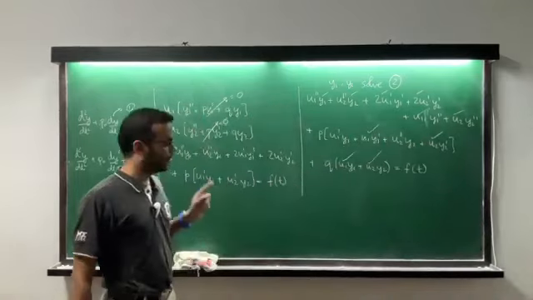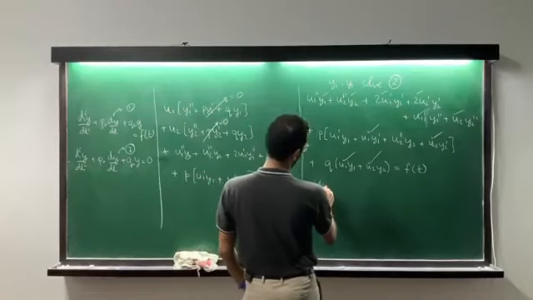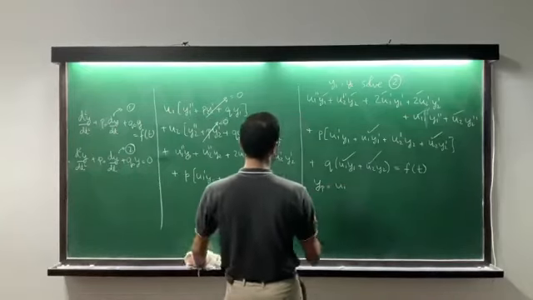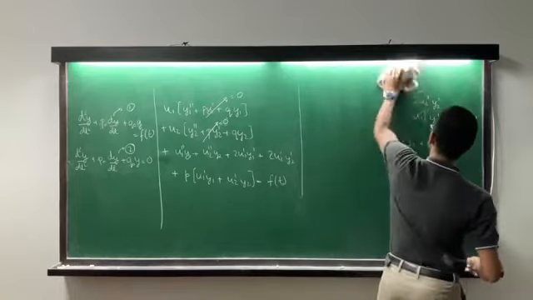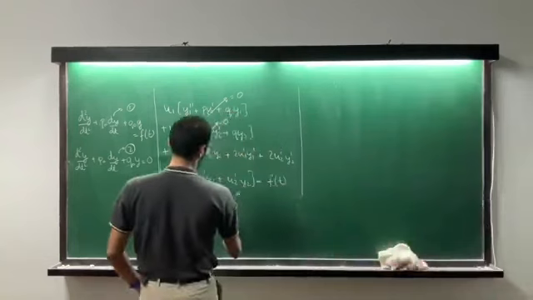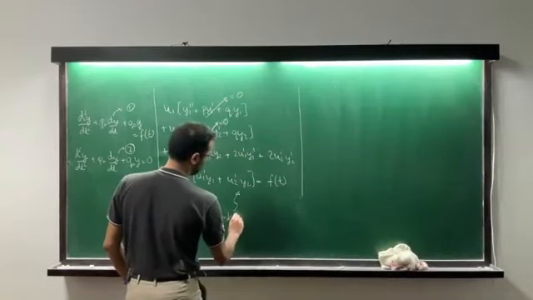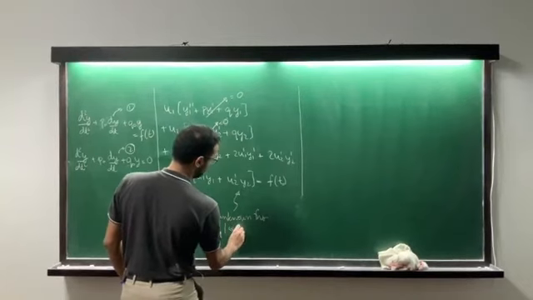So in order to exhaust this freedom, we'll go back to where we started. We said yp is u1 y1. So we have two unknown functions, but only one equation.